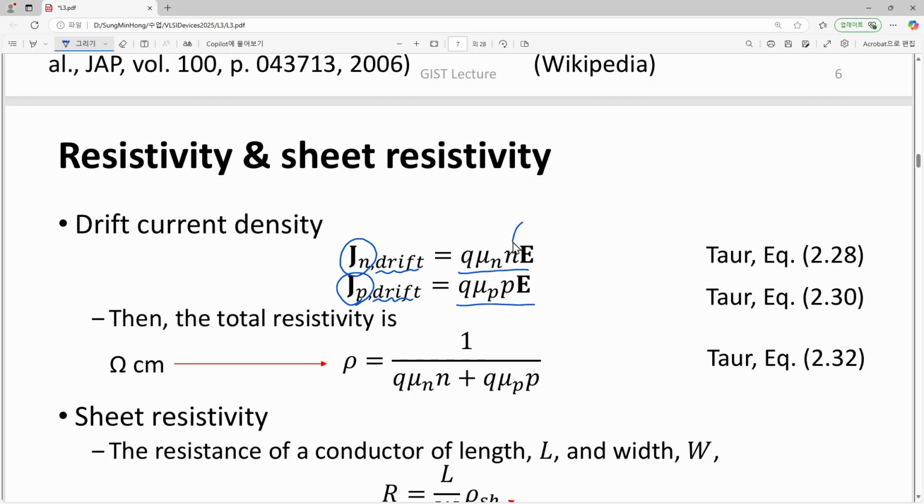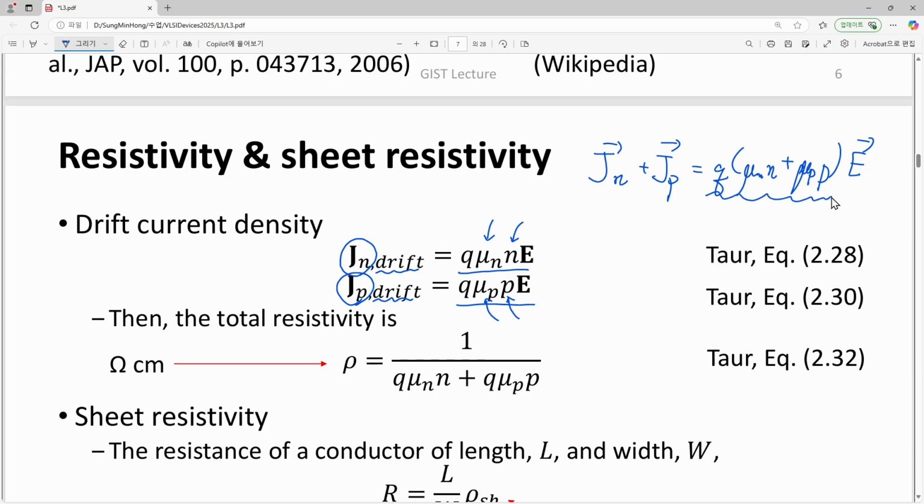Here we have electron density multiplied by electron mobility, and hole density and hole mobility. So if we just sum them all, then Jn, Jp, these particle current densities, are given as q times (mu_n n + mu_p p) times the electric field.